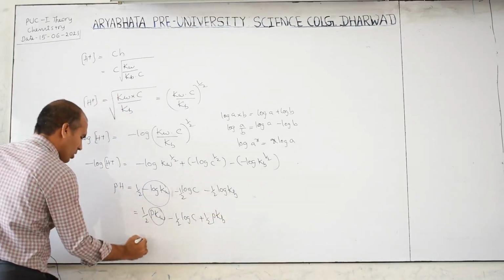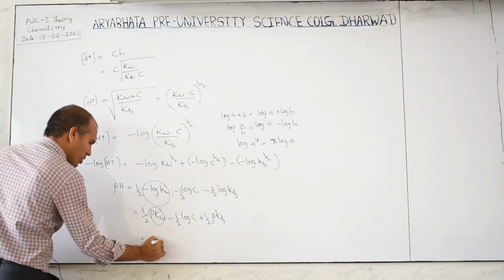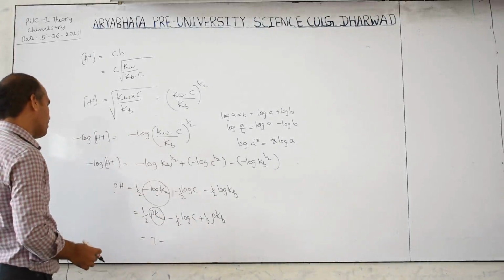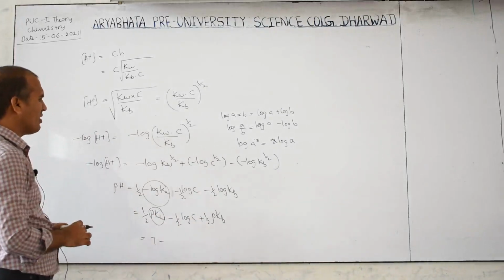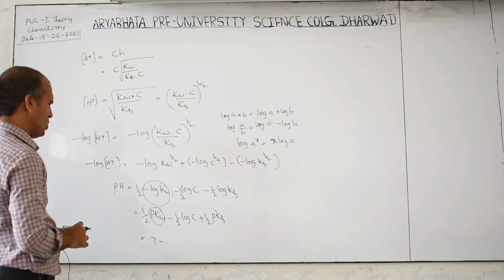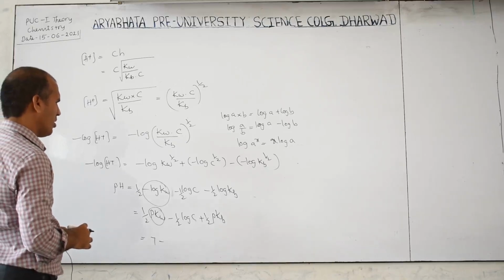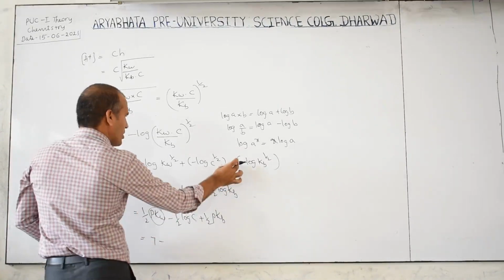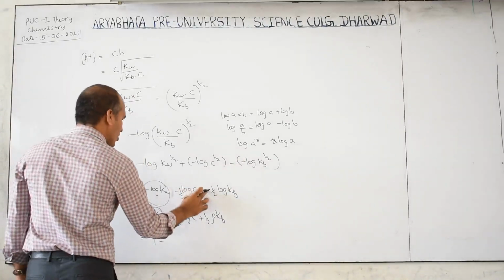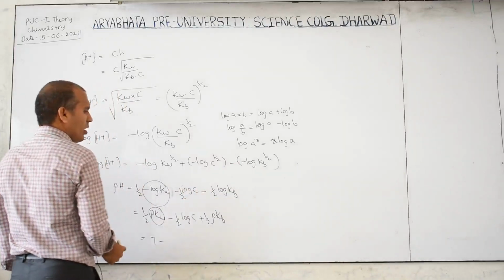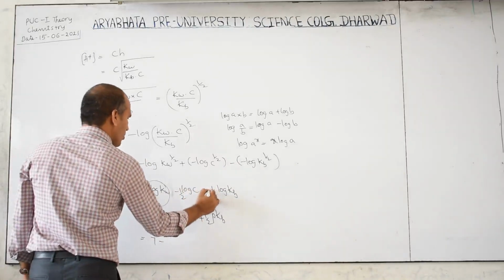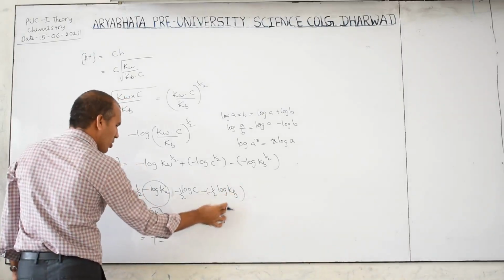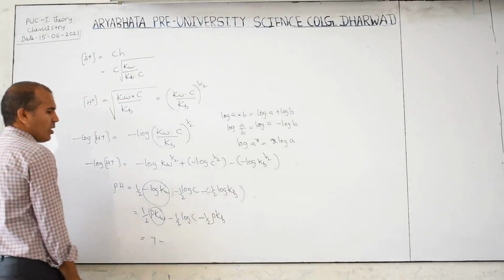Now pKw is 14, therefore 14 by 2, that is 7. Correct? Why did I write minus? Here a mistake is there, because two minuses are there here, so this minus only, and this minus like this only. I forgot, therefore this will be converted to pKb, this minus only. This is clear.